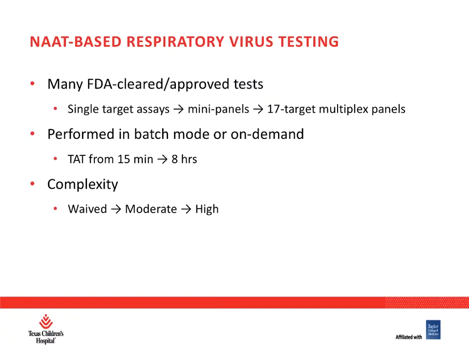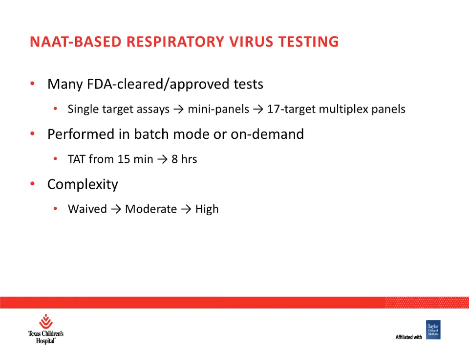So for nucleic acid amplification testing for respiratory viruses, I could probably make a list that would take up about 3 slides for all of the FDA-cleared assays. There are a lot of FDA-cleared assays for at least single targets, if not broader panels of respiratory viruses.